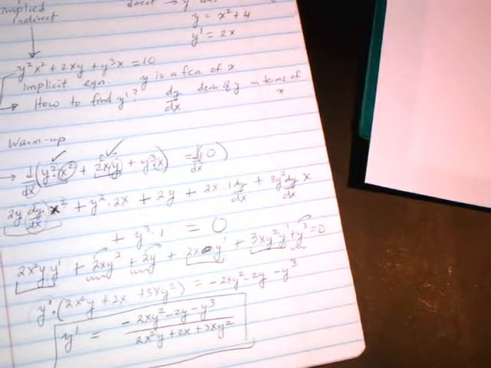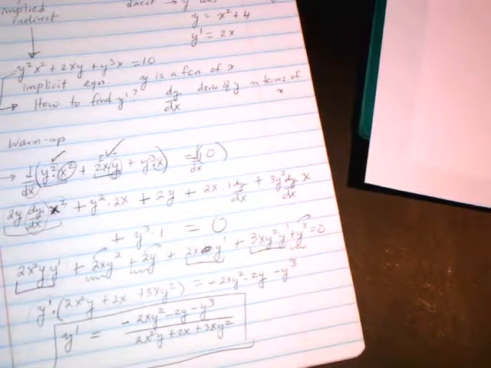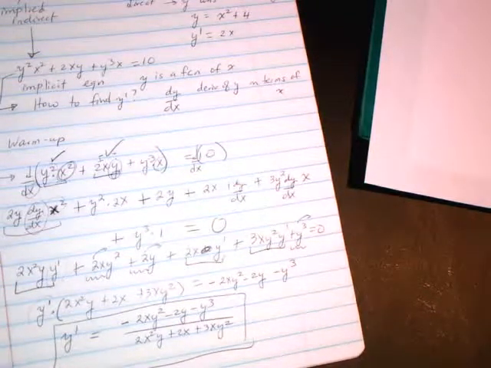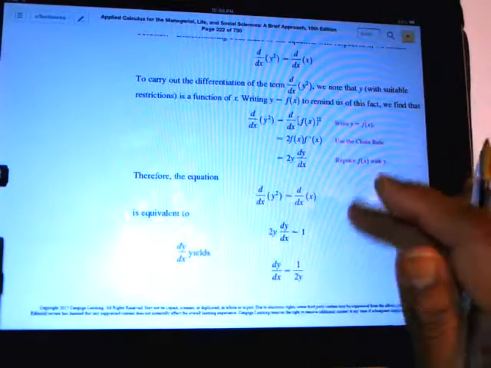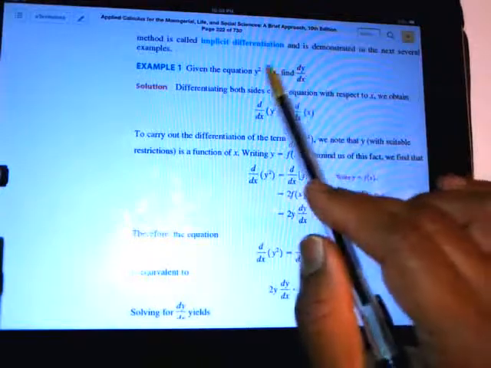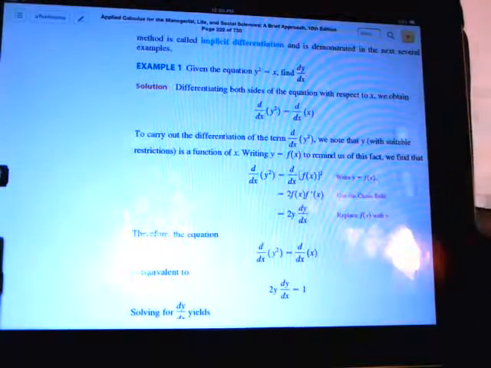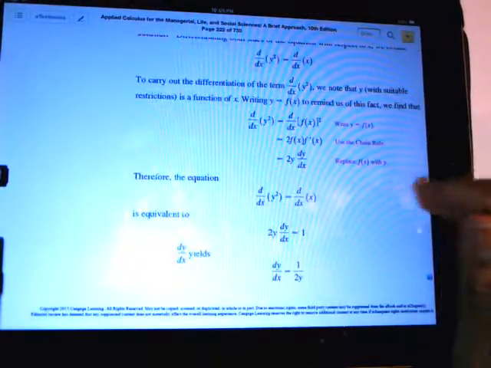I highly recommend that you look at some of the questions, examples done in the textbook. Let me see if I can get it to show up under my camera. So if you go to page 222, there's example 1, y squared equals x, find dy/dx. The work is shown here.